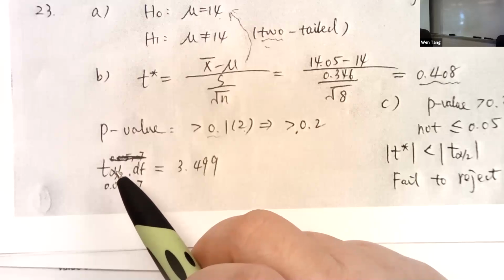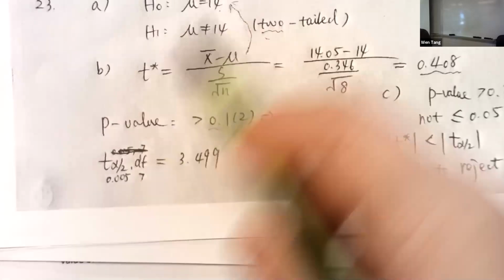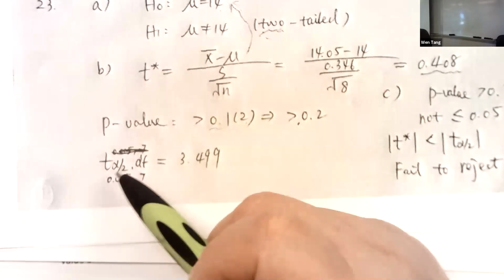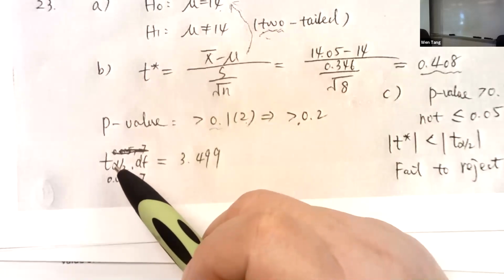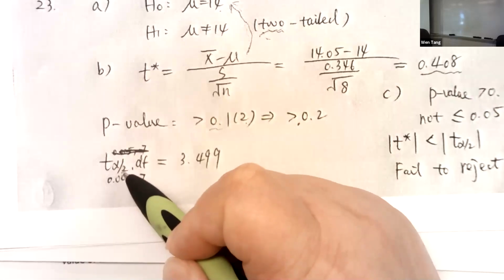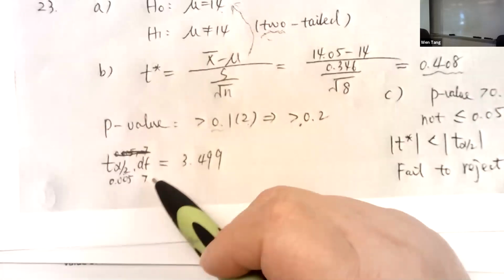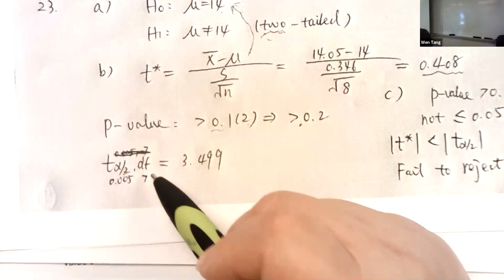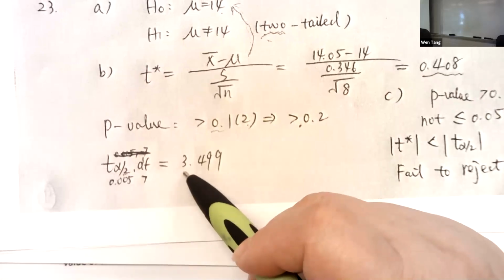Because it's the two-tailed test. When we talk about alpha, we should use two tails, so we need to divide alpha by 2. And we also need the degrees of freedom to get the critical value t.